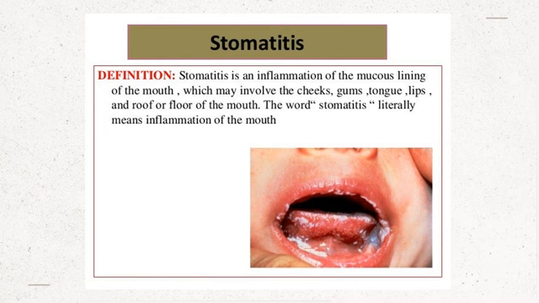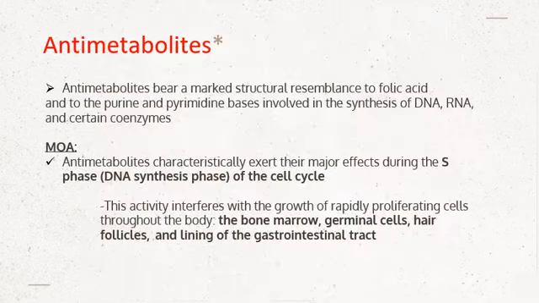So pwedeng magkaroon kayo ng patients or cancer patients na pupunta sa clinic nyo for dental check-up dahil sa inflammation dun sa mucous lining of their mouth. So pwedeng i-explain sa kanila na this is a side effect of their chemo drug. And syempre, kayo na yung mag-i-instruct ng mga important na remedies natin for these patients.